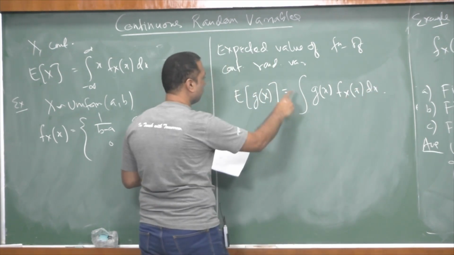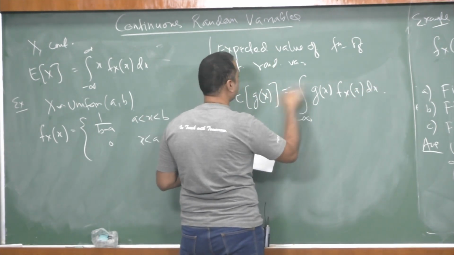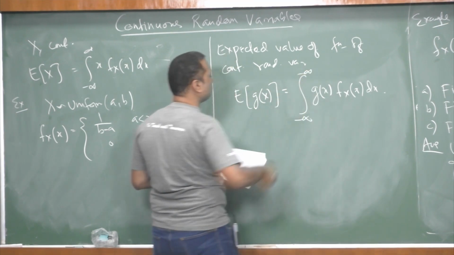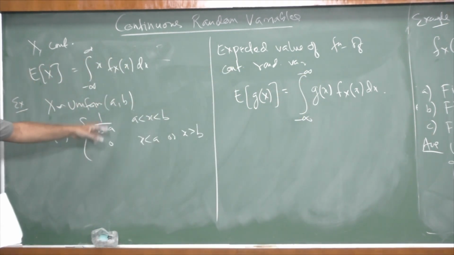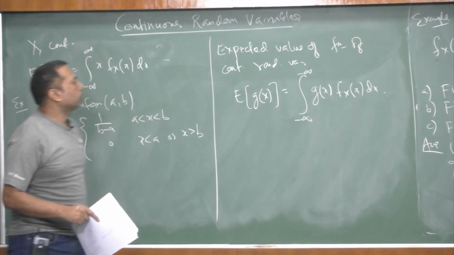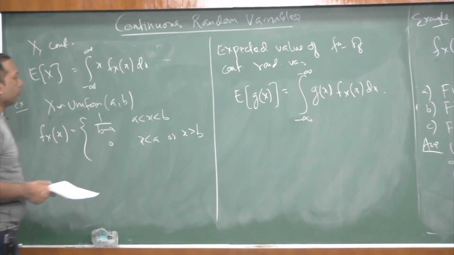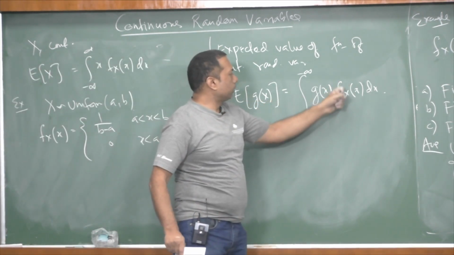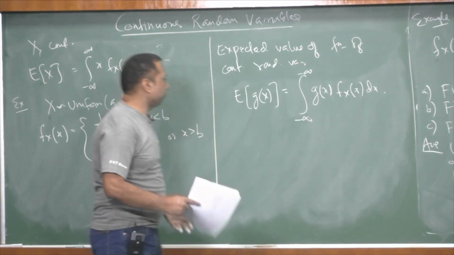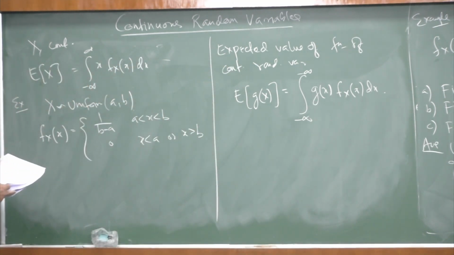Okay, and this is over the range of x. I mean, expectation will be minus infinity. If x gives me certain range like this, that will collapse to that range, but by definition you are supposed to integrate from minus infinity to infinity. Okay, you just put the g(x), but then the PDF should be of the x. Okay, and the linearity and all this holds here also.